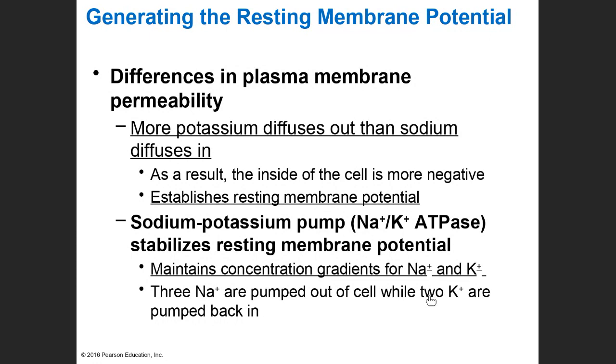This explains why we have higher potassium inside the cell compared to outside because we're bringing potassium inside through this sodium-potassium pump. So maybe you can see then why the sodium-potassium pump is not going to play a significant role in bringing the cell back to rest. It plays a significant role in maintaining this resting state once it has been reestablished.